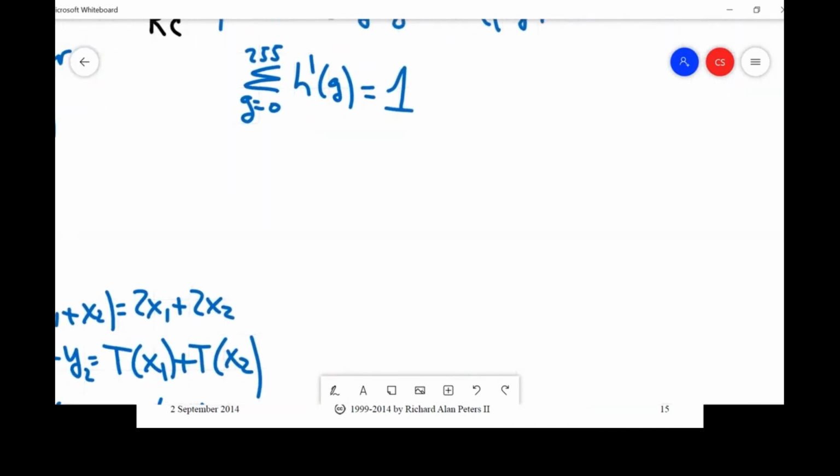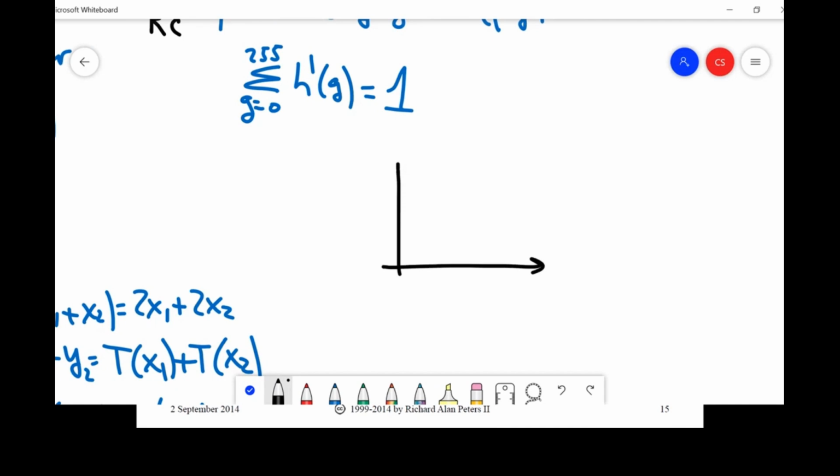What is the PDF of throwing a coin and getting a head or getting a tail? So I have here the result of the coin. I have here head. I have tail. And this is 1/2. And this is 1/2. This is the PDF of this coin.